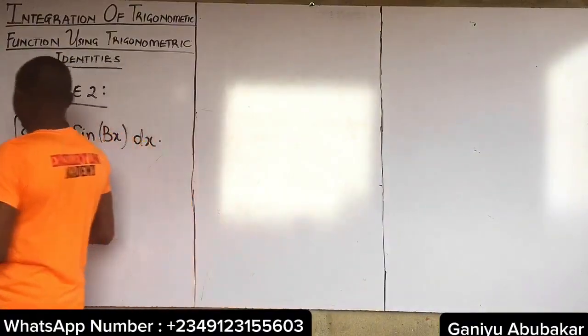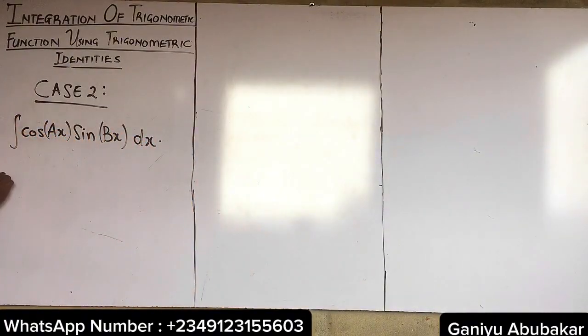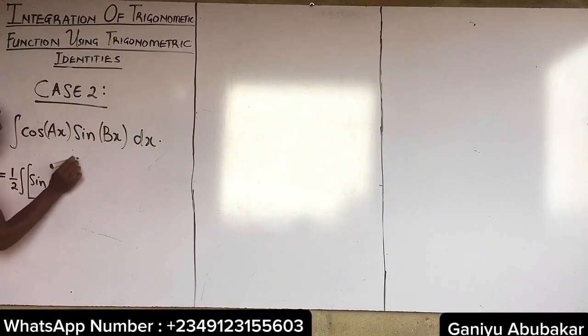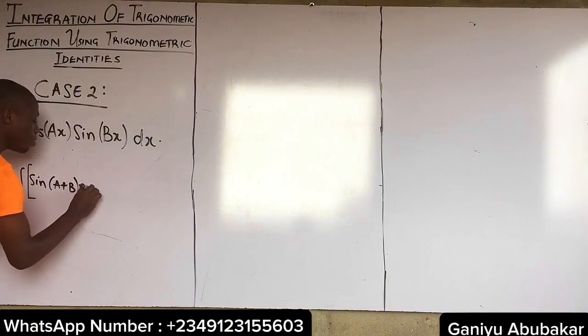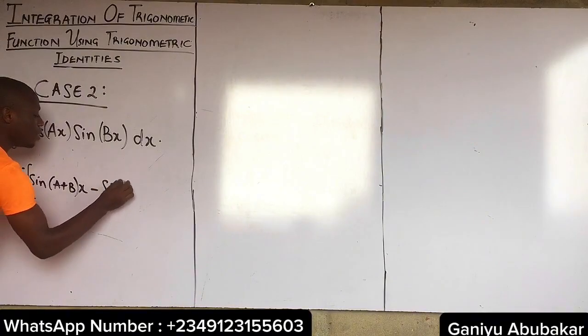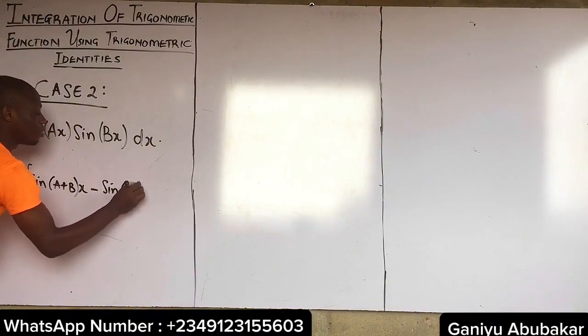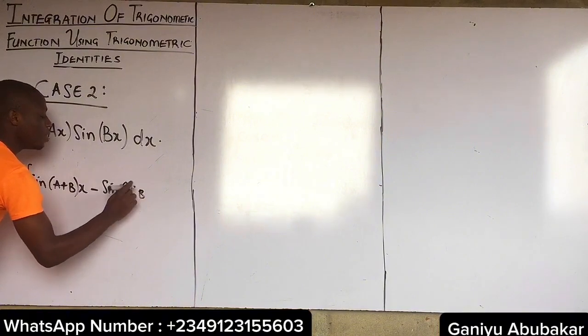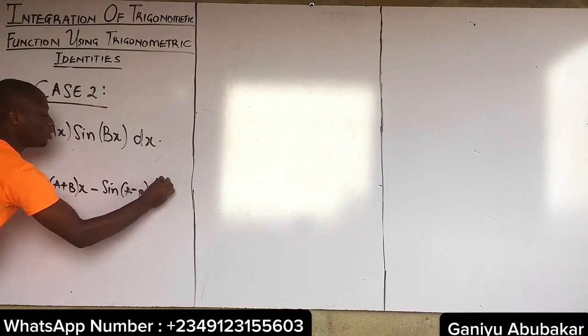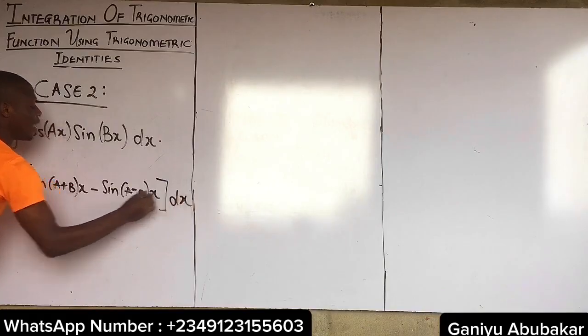For this one now, the expression becomes 1 over 2, which is half, integral of sine (a plus b) of x, minus sine (a minus b) of x, with respect to x.